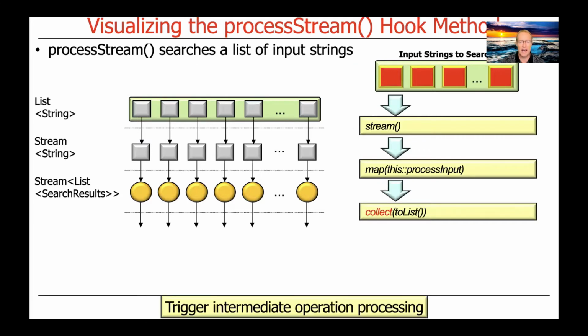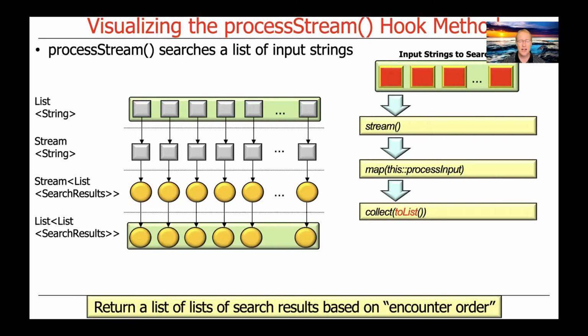And we're going to collect these results using the collect terminal operation, which, as you will recall by now, will first trigger all the intermediate operation processing. So all the wheels start to run in motion. Then it uses the toList factory method on the Collectors utility class to create a list collector using ArrayList, of course.